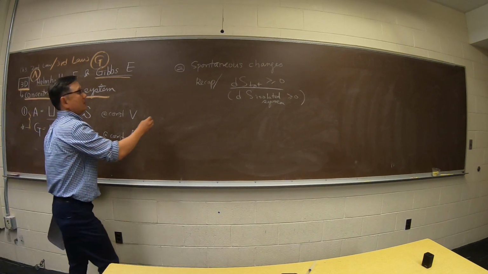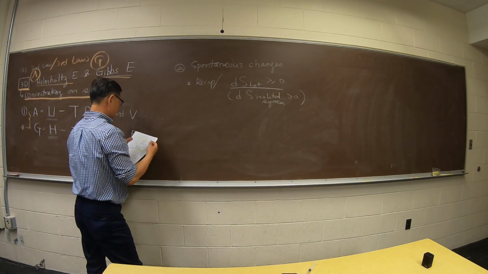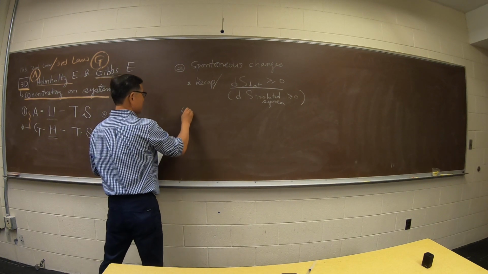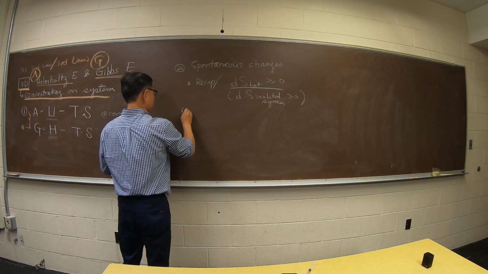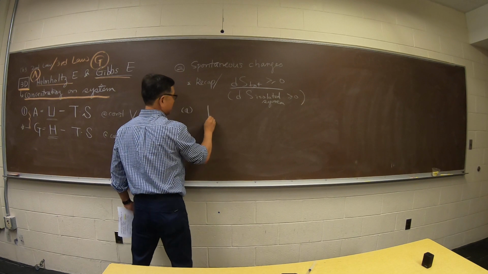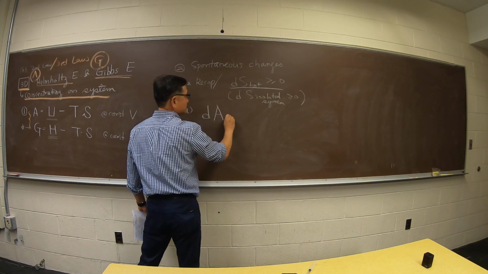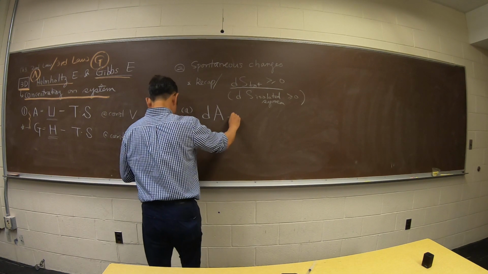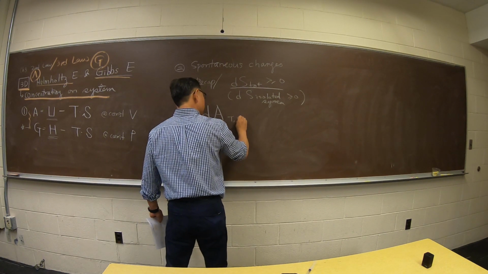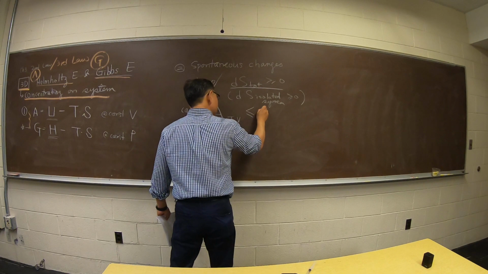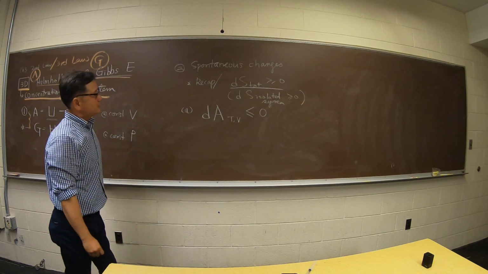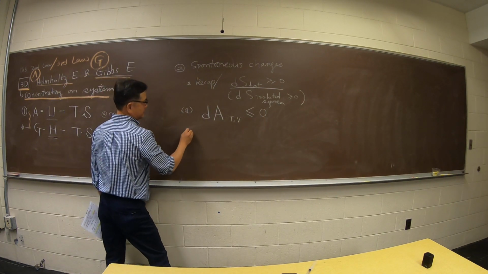But now we are focusing on the system, and first one, dA. So we are focusing on the system, at constant temperature and volume, in a direction in which you are reducing the Helmholtz free energy.